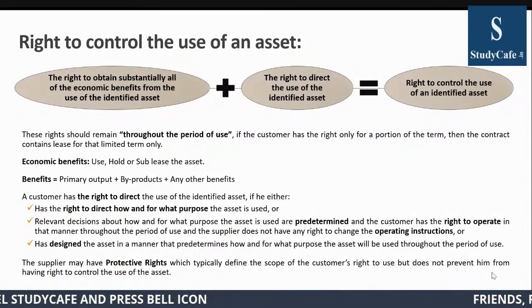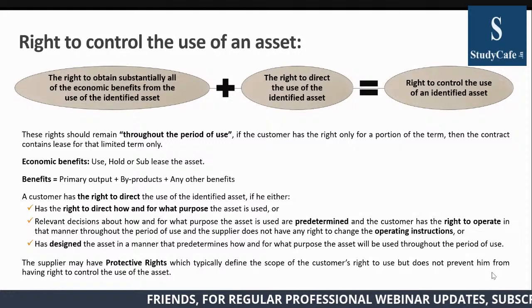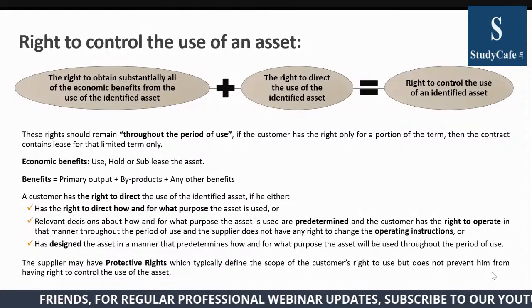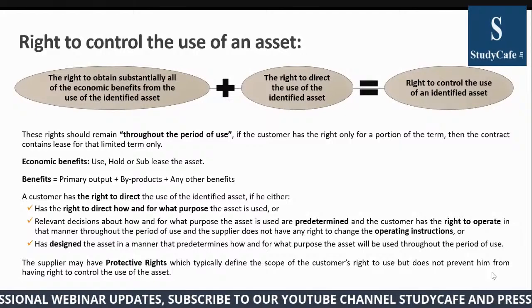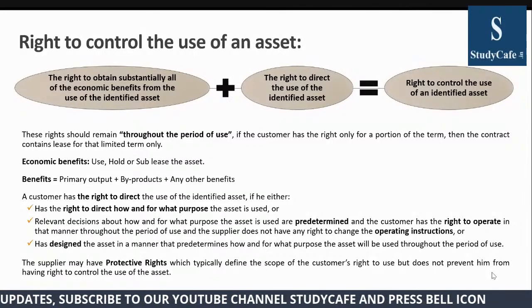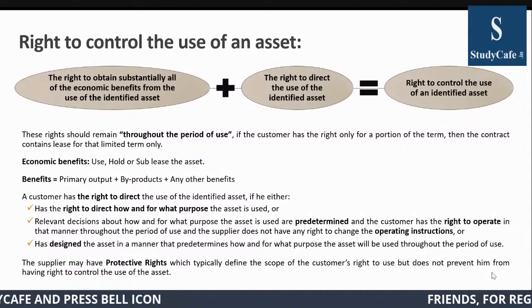And how to derive that economic benefit? It may be from the use of that asset, or by holding that asset, or by subleasing that asset, right? For example, I have taken a car on lease, and now whether I drive it myself, I give it to Ola or Uber to drive, or I just hold that asset, it's up to me whatever I want to do.